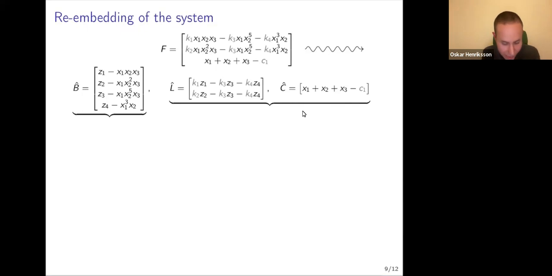We just re-embed our system into a higher dimensional ambient space, where we just introduce a new variable for each monomial that appears in the system. So for this monomial, we introduce a new variable z1. For this, we introduce a new variable z2, and so on.